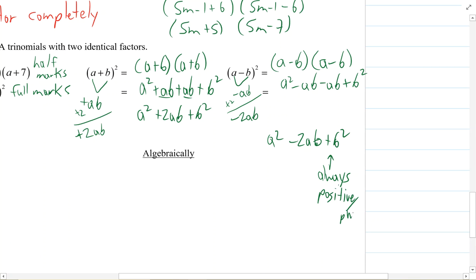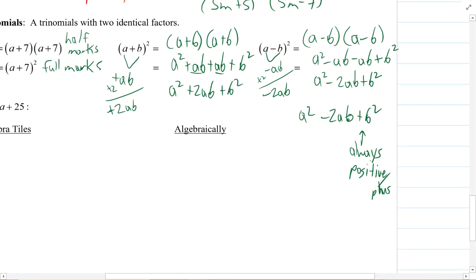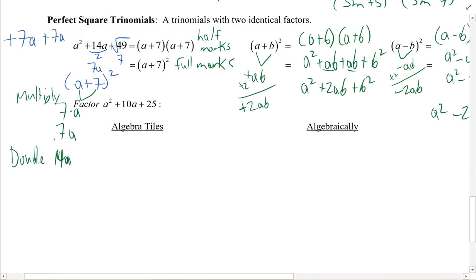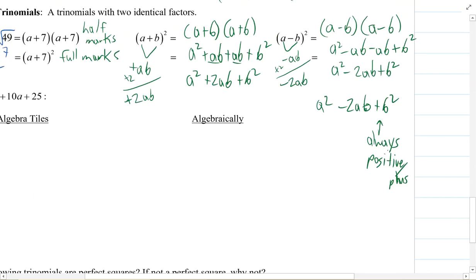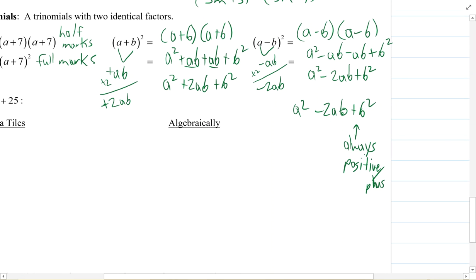And so this would be a squared minus 2ab plus b squared. All right. So looking at that, there you go. That's kind of in a nutshell, but you can always cheat. The middle one is multiply them together, double it.